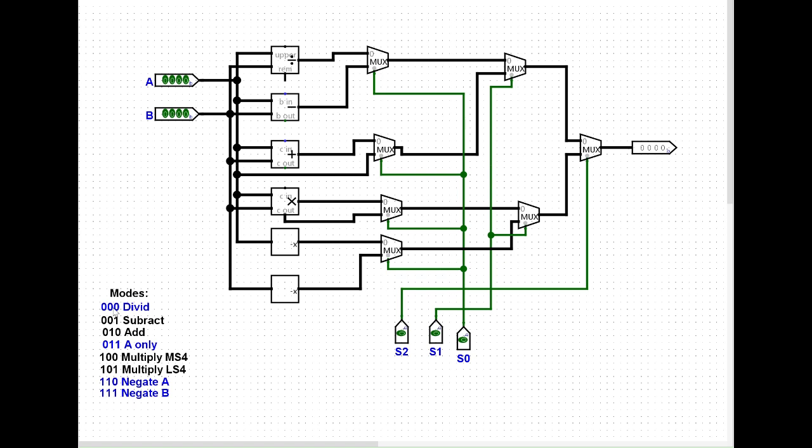And then for the second most bit, it changes 1, 2 times. So that's why I only have 2 multiplexers for the second most bit. And then the last bit only changes once. And that is why there's only 1 multiplexer here at the end.